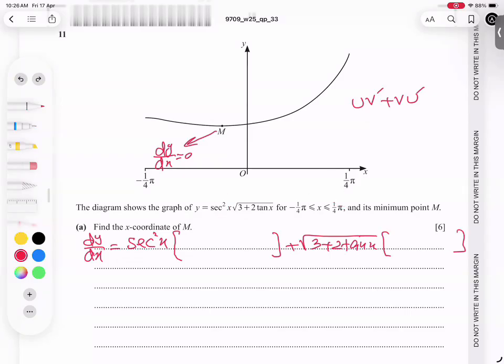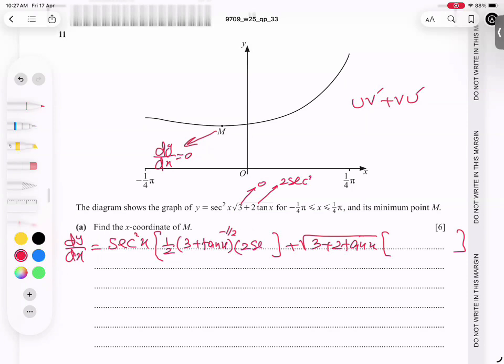Half comes down, the whole power becomes 1 less, so negative half, multiplied by the derivative of tan x. Basically, 3 has a derivative 0, and 2 tan x gives 2 secant square x.